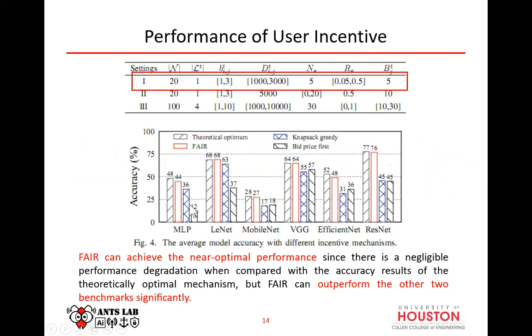Because these two incentive mechanisms don't consider the data quality. That's true. But if you want to do a fair comparison, you need to do a quality design with this one. At the end of the day, knapsack gradient and your algorithm are both gradient. The only difference is you consider the quality design, right? Yes.